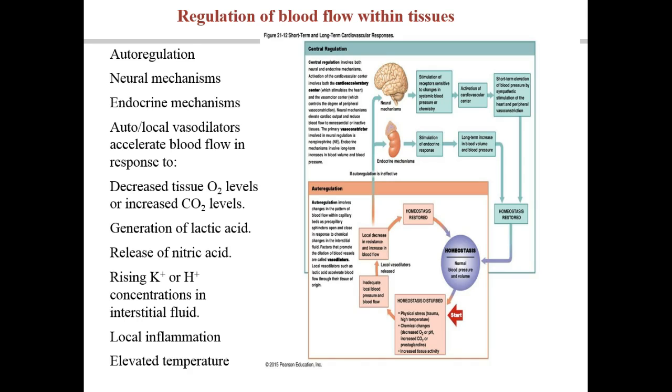Think of anything that would be damaging to tissue, that's going to cause local vasodilation. And then the opposite can happen. So if you have local vasodilation, you're going to have blood shunted away from that. Inflammation and elevated temperature, all of these are local autoregulation.